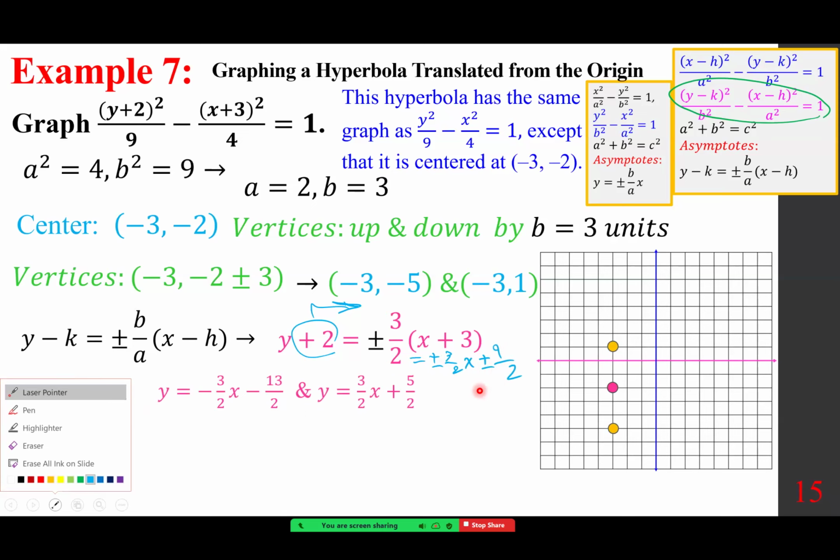If it's -9 and -4, that is -13 halves. If it's +9 and -4, that is +5 halves. This is how you get this, and this is -3, everybody.